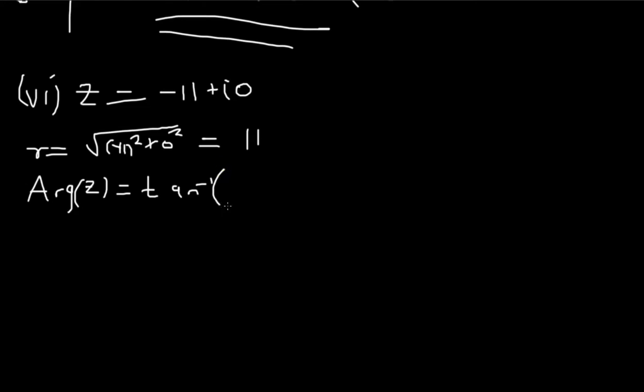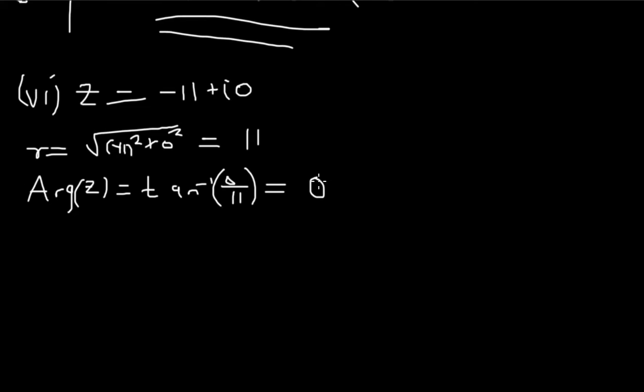My y there is 0 over 11. And when you find tan inverse of this, it is just the same as 0 over any number, you get the answer to be 0. So tan inverse of 0, you get your answer to be 0.